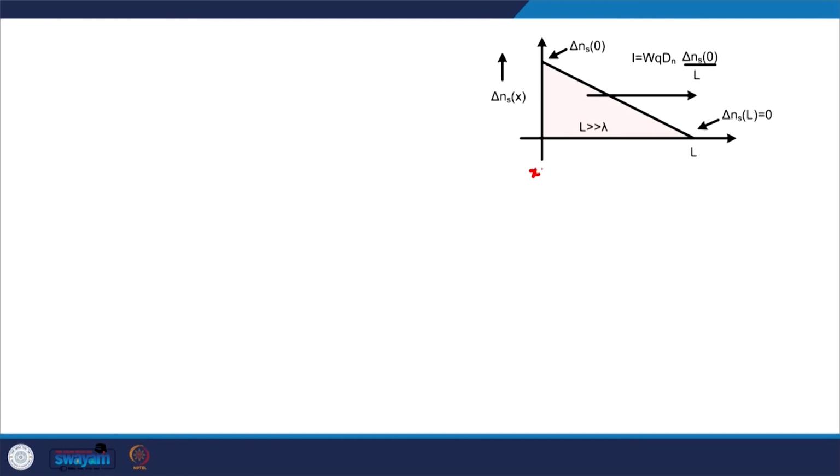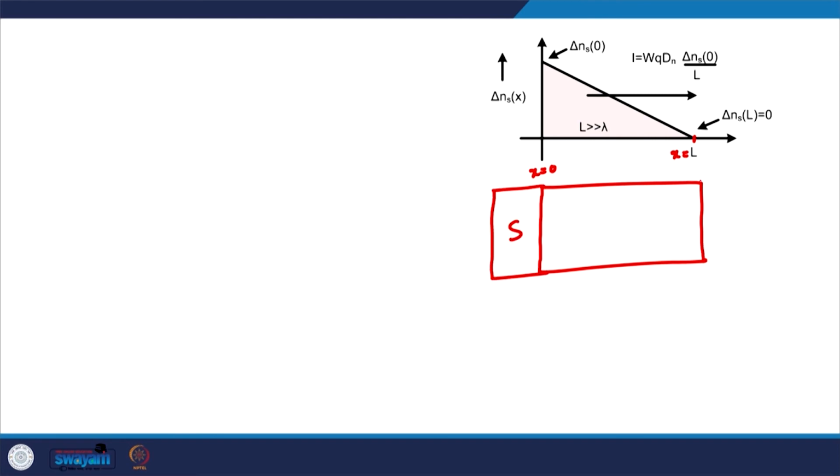This is x equal to 0, this is x equal to L. The source contact point is x equal to 0, and x equal to L is the drain contact point.